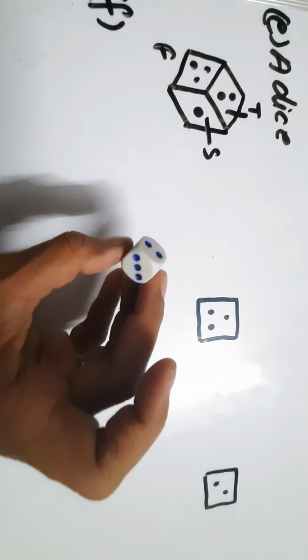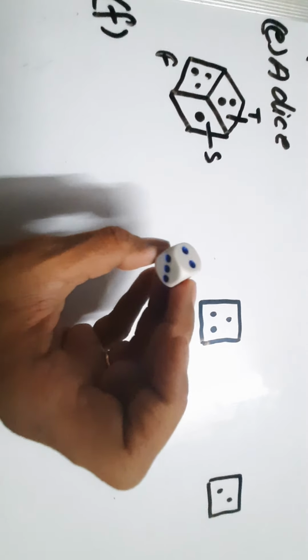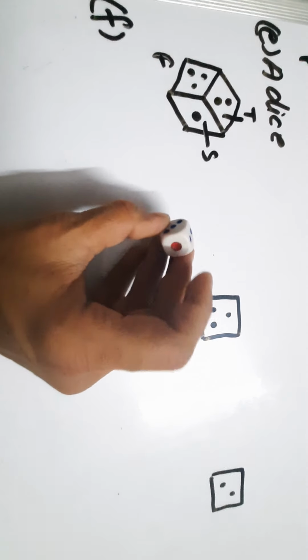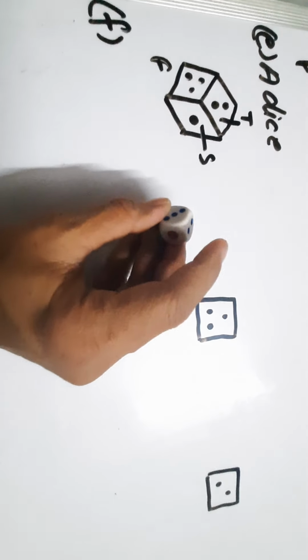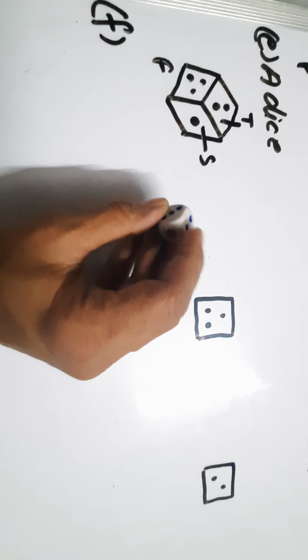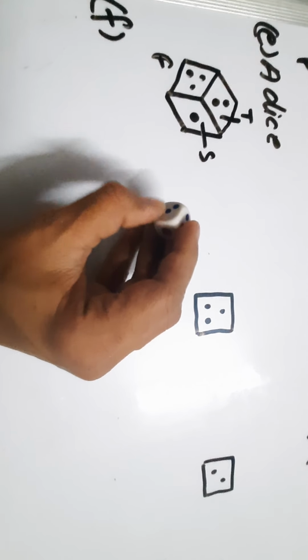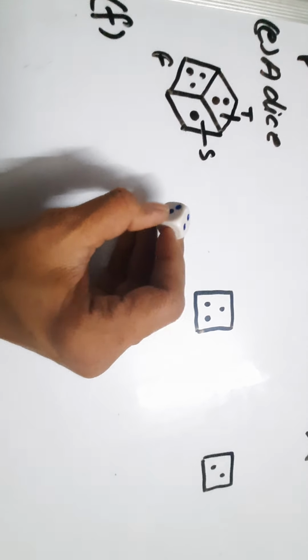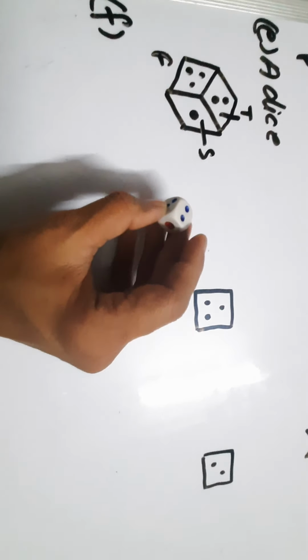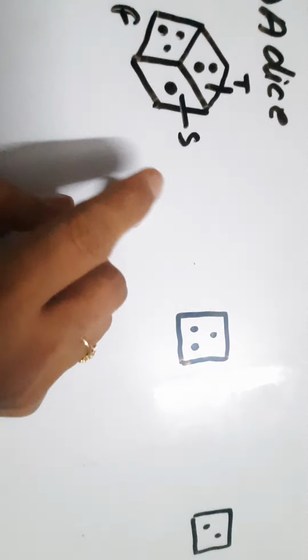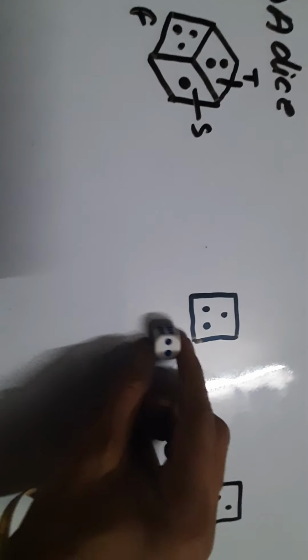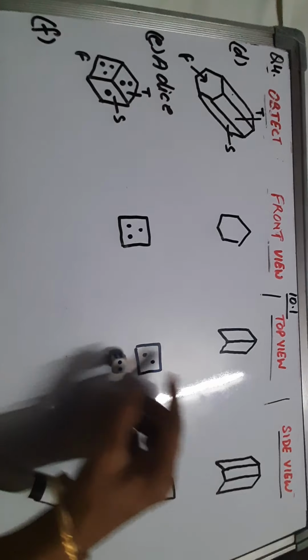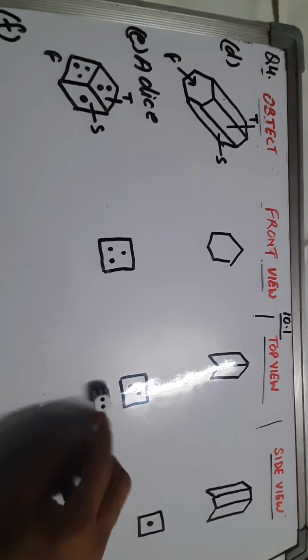So dear students, they have represented this in this shape like this. See? So this is the top carrying 2 dots. This is the front carrying 3 dots. And this is the side face carrying 1 dot. So when top is there, you can see a square with 2 dots. So this will lie under the top view.